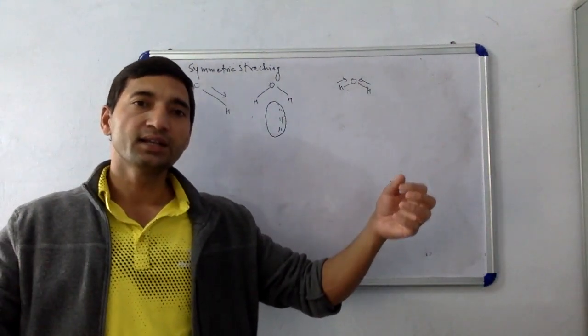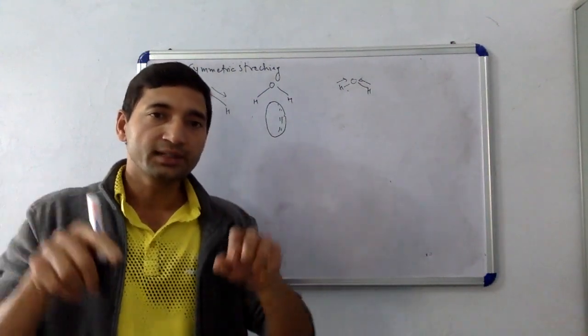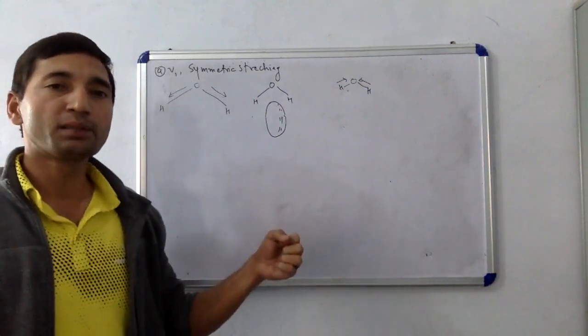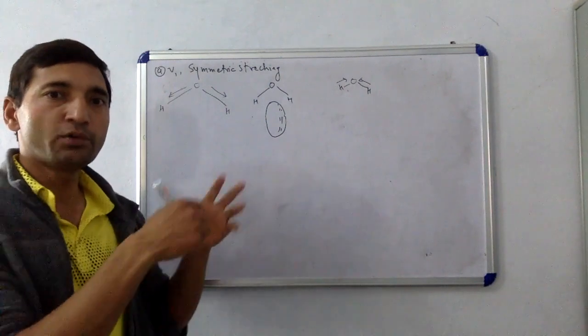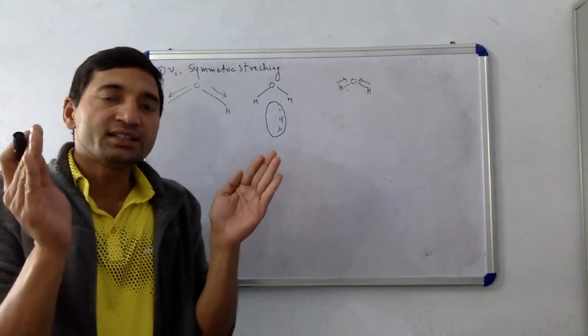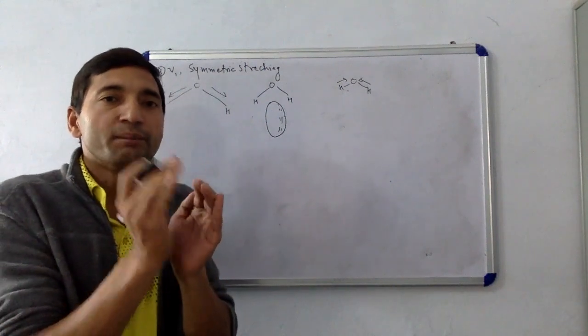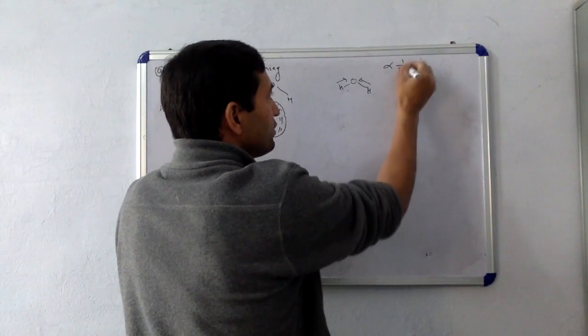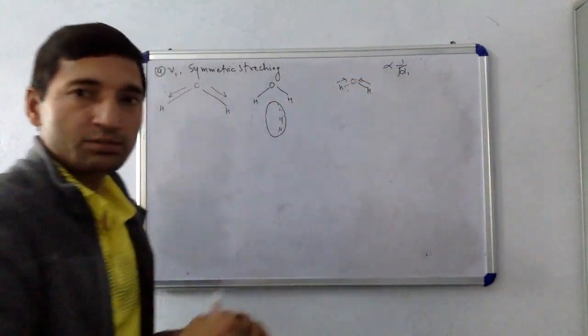Now what will happen if this bond is stretching? The electrons are firmly attached, so the bond will be less polarizable, and it will produce a smaller polarizability. It means the size of the ellipse is reducing, because the polarizability ellipse is proportional to 1 upon the square root of alpha at that particular point.